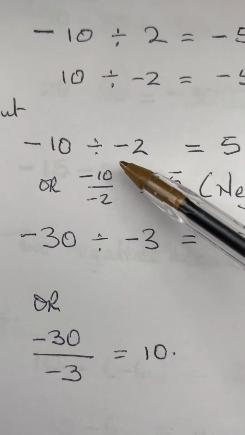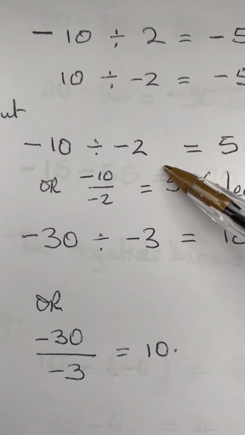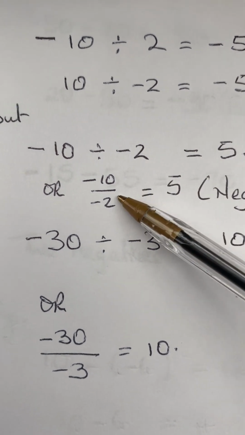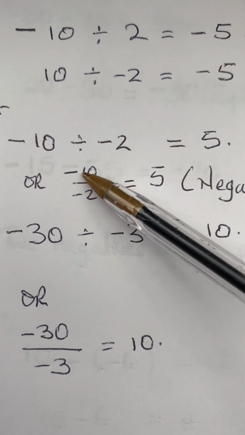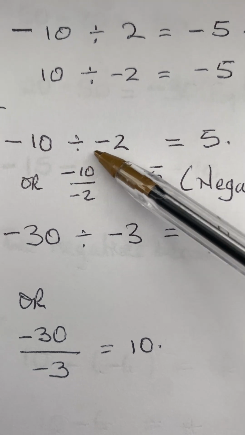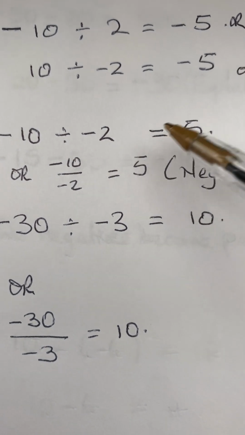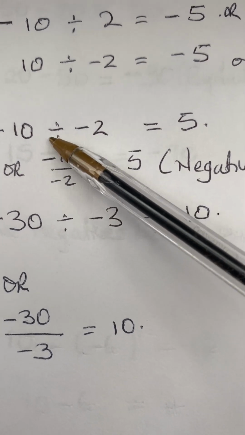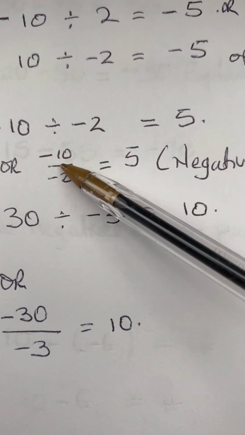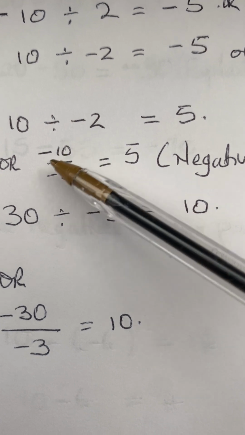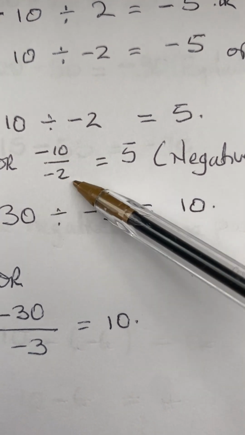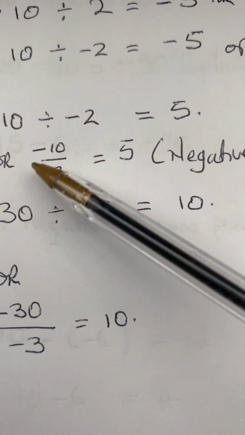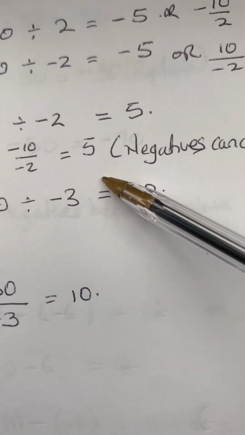Now, if you have two minus signs dividing, like multiplying, it becomes positive. So minus 10 divided by minus 2 is 5. Now, if you put it in fraction form, it makes a lot of sense. So minus 10 over minus 2, the minuses are going to cancel out. So you have 5. Okay.